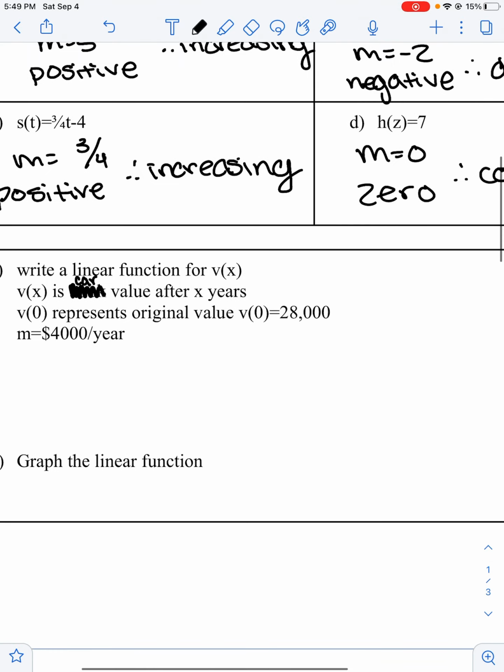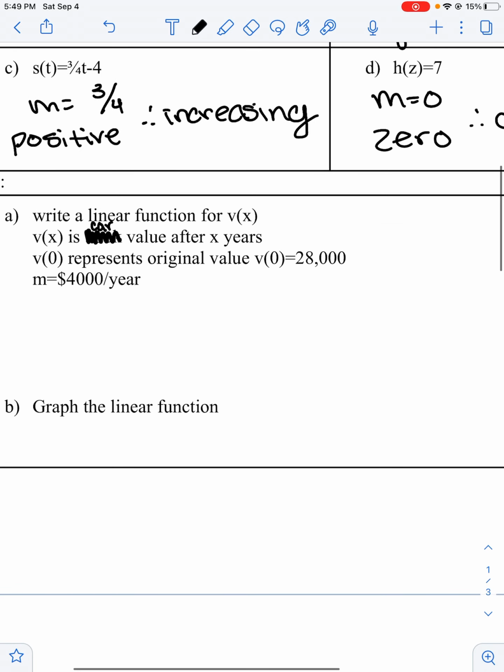Now we're going to look at building a linear equation using information given to us. So write a linear function for Vx. Vx is value after x years. It says book, but I'm changing it to car. V0 represents the original value of $28,000.